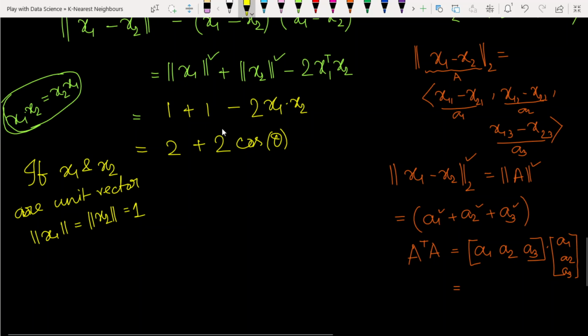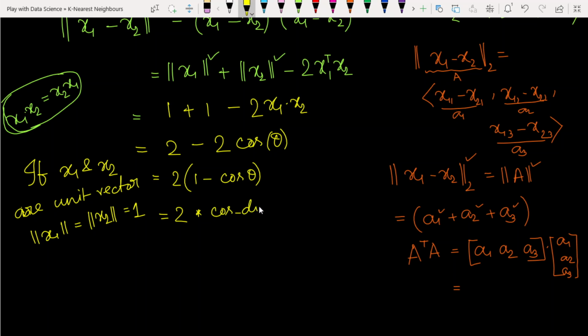Sorry, it will be minus: 2 minus 2 cos theta. If we take 2 as common, that is 2 times 1 minus cos theta, and 1 minus cos theta is the cosine distance. So this is 2 into the cosine distance of x1 and x2.